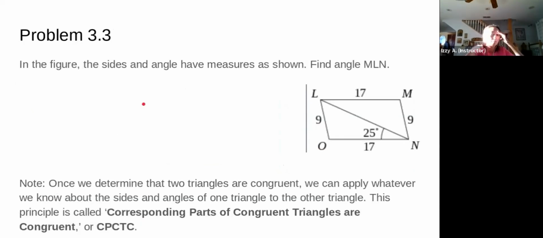Okay, next we have problem 3.3. As I said previously, I'm not going to be using the whiteboard feature as much today because these problems are going to be dealing with proving or showing that the triangles are congruent by different theorems.